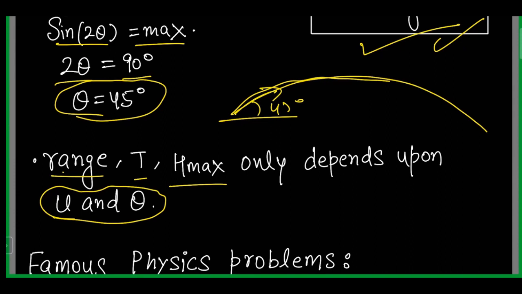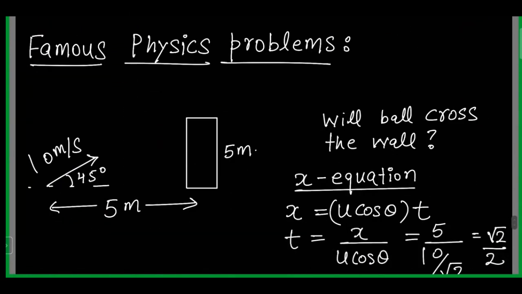Fine. So with this clear, I want to discuss two very famous physics problems. As a physics student, you must be aware of these problems, and they directly use the equations which we derived now. So the number one famous physics problem is, let's say you throw a ball at 10 meters per second at an angle of 45 degrees.